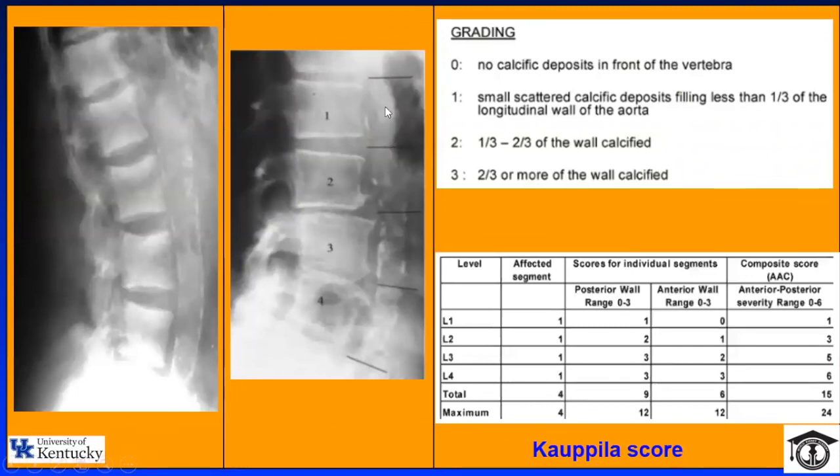So for each lumbar vertebra, there is usually a 0, 1, 2, or 3 calcification score, anterior and posterior. So here is 3, and here is 3, so that's 6 anterior and posterior, times 4, that's out of 24. It can give you a score just by using the plain X-ray film of the lumbar spine.